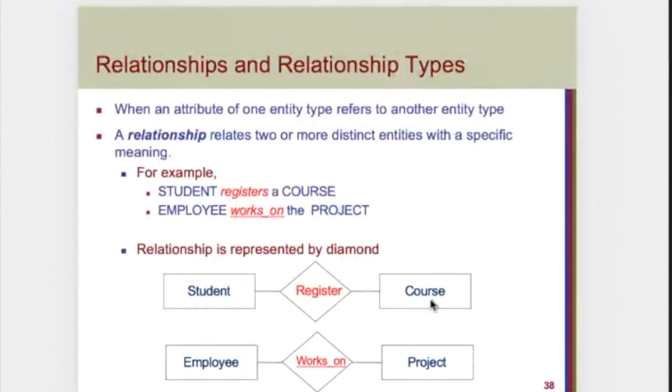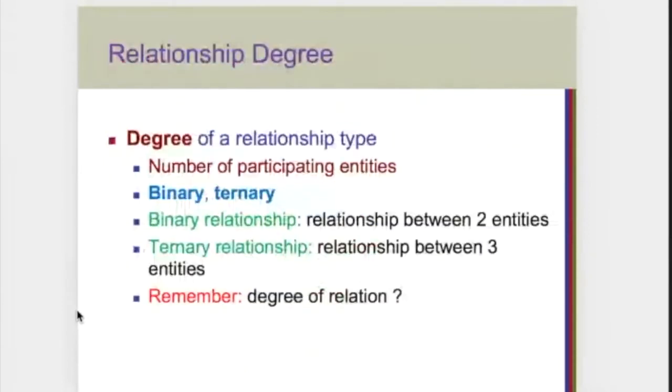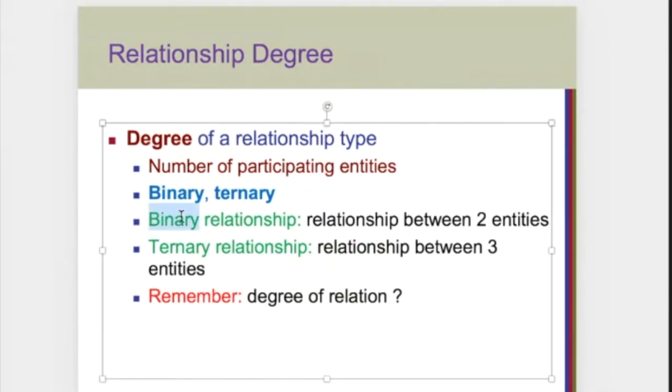Two. So the degree of this relationship will be 2. And in this relationship, how many entities are here? Two. So the degree again will be 2. If the degree is 2, it is usually called binary. If the degree is 3, then it is called ternary.